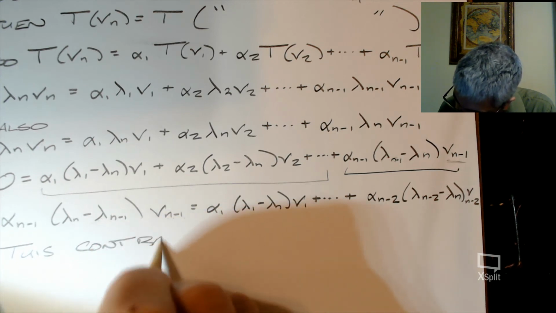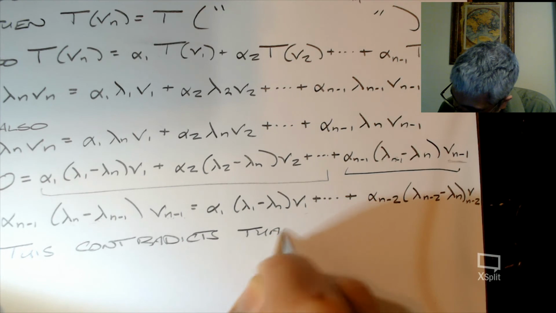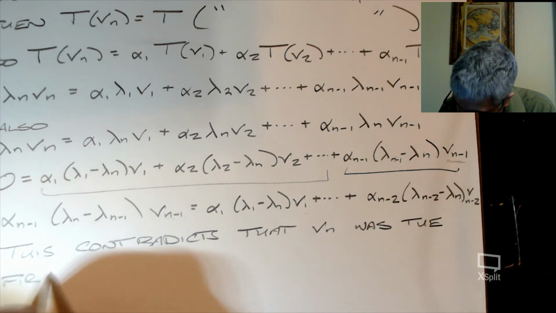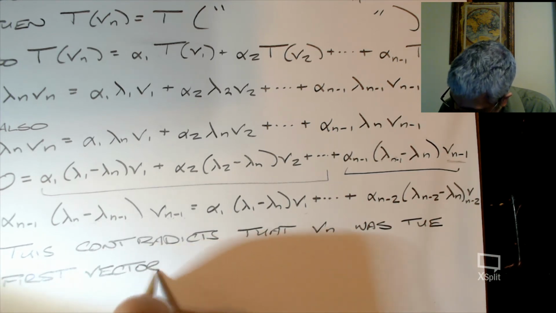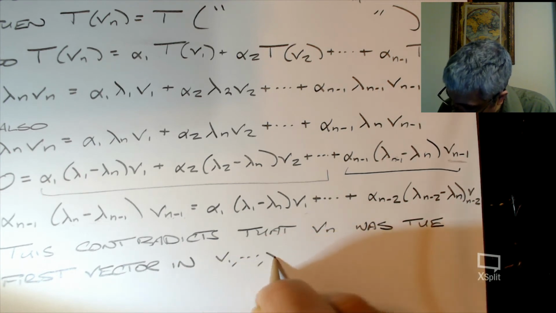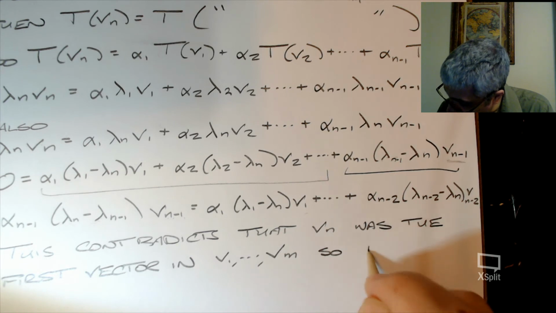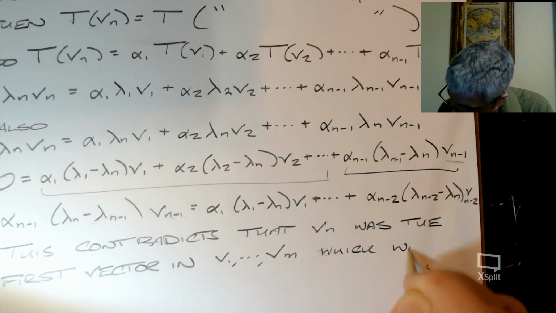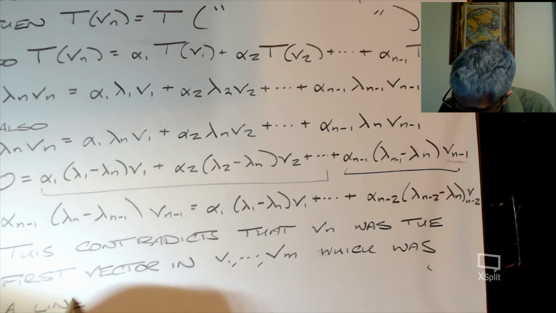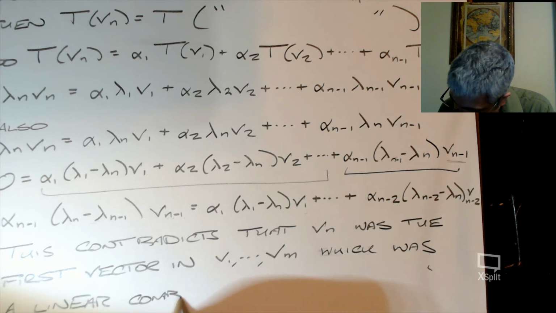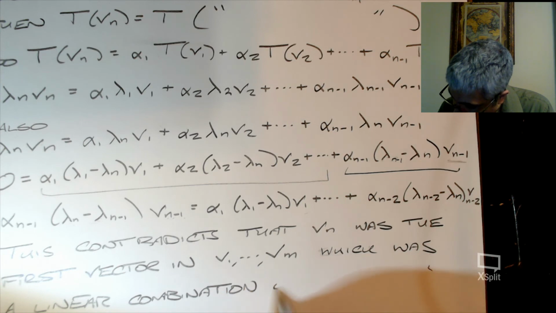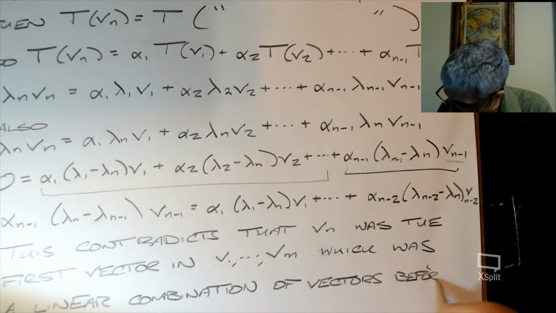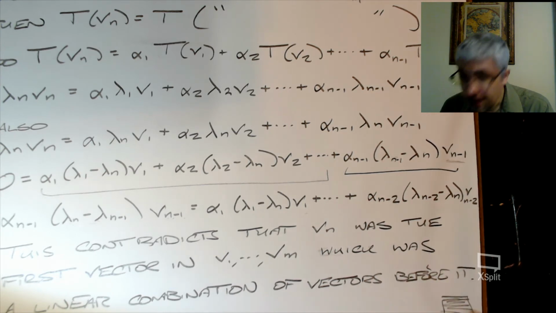This contradicts that Vn was the first vector in the list which was a linear combination of vectors before it. And that is our proof.